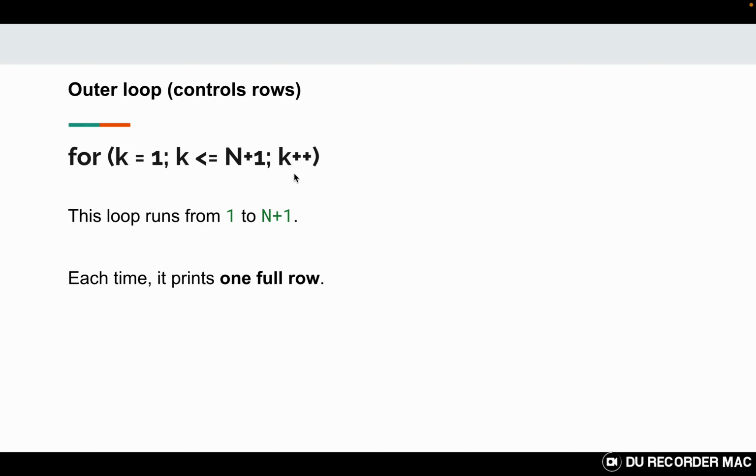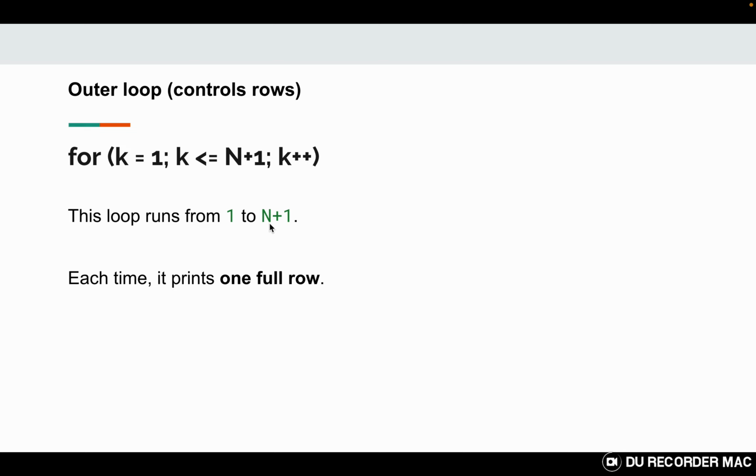If the user is entering 6, then it will run 7 times, right? Because the user will enter 6 here, then it will give you the n plus 1 value, which means it will start from 1 and run till n plus 1, which means 6 plus 1 is 7, right?